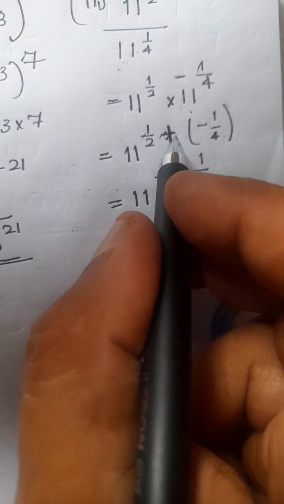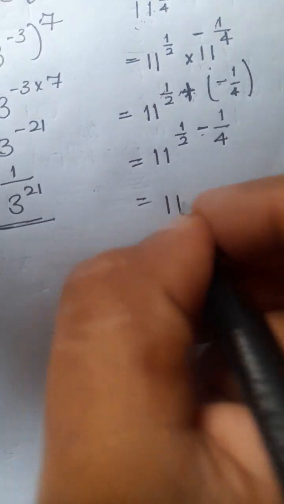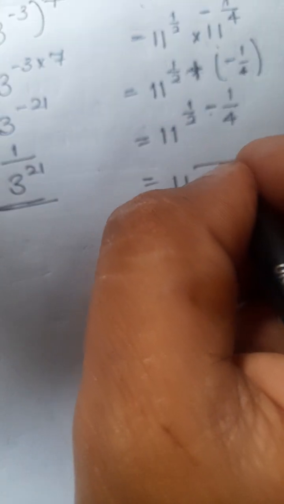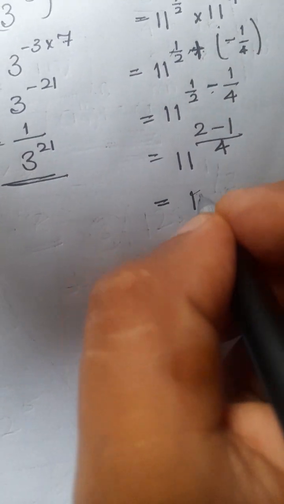See, plus into minus becomes minus. This is equal to 11 to the power, the LCM is 4, 2 minus 1. So this is equal to 11 to the power 1 by 4. This is going to be your answer.